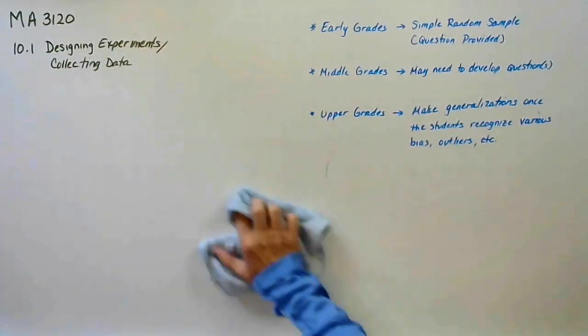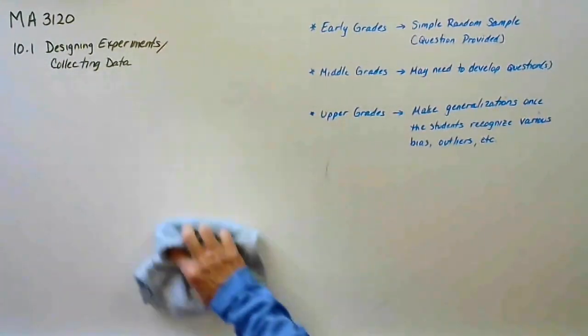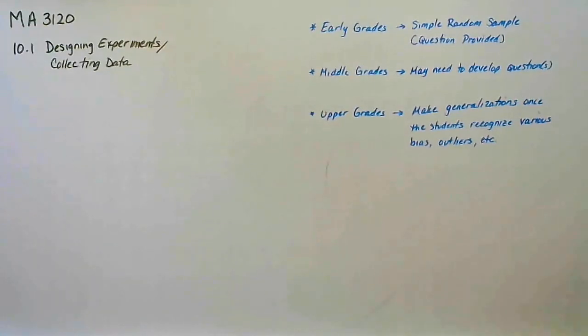All right. So we'll walk through, and the idea behind it is we're going to survey our class on pets in their household. Depending on what we're talking about and what grade, will depend on how you ask the question.